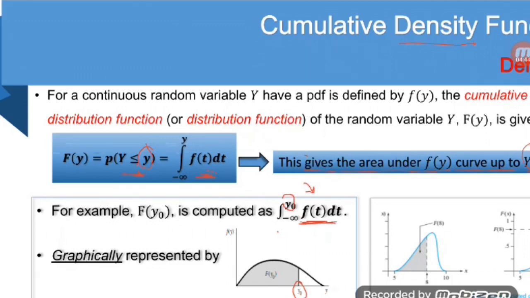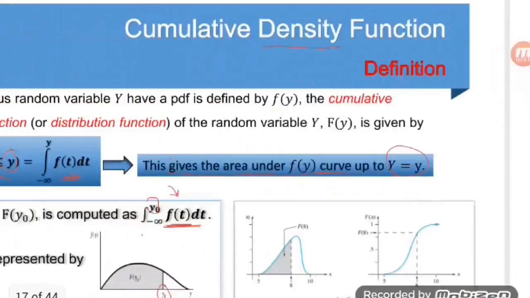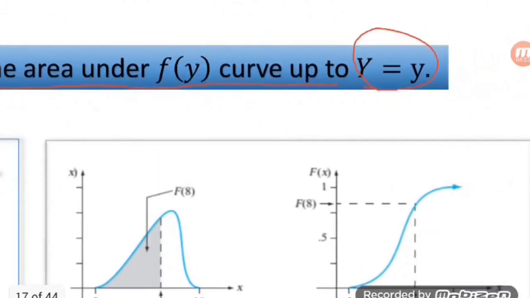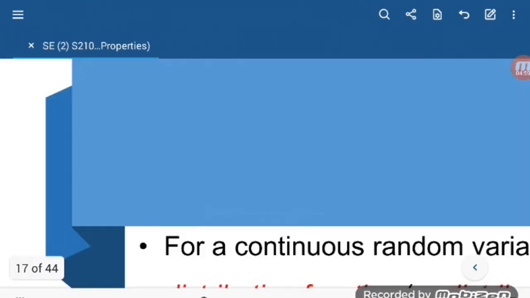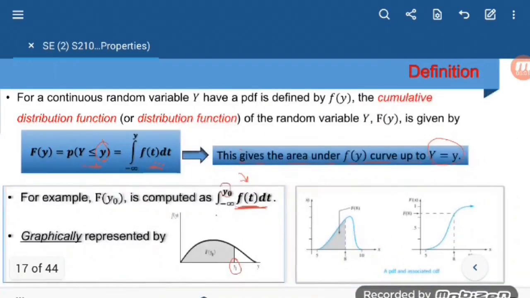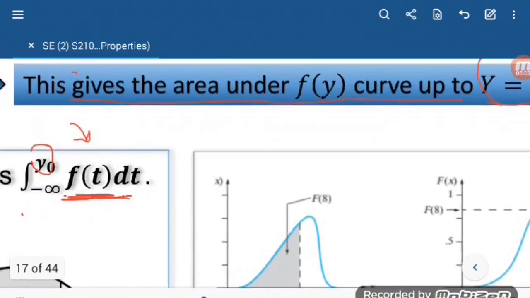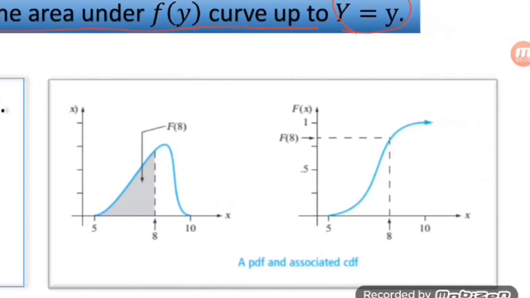Fine. Graphically, this is represented by the same as I represented on the board, and the graph here on the right tries to link the relation between the PDF and the CDF.